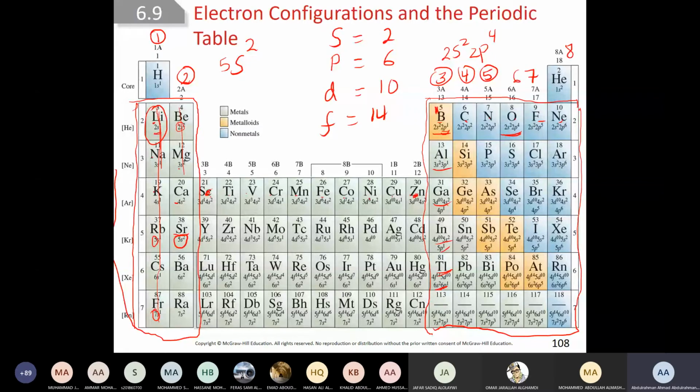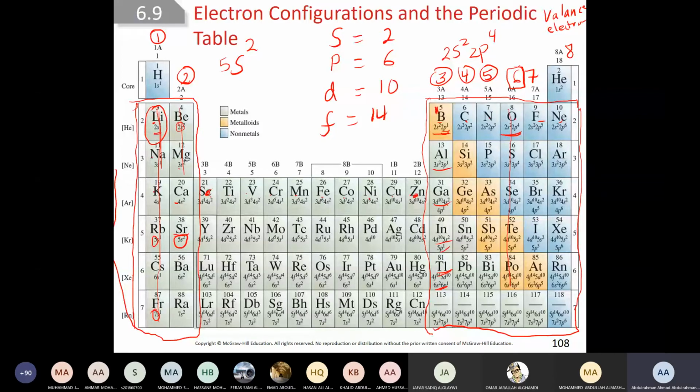The total number of electrons in the last s and p are called valence electrons. I want you to memorize the word valence. As I said, for oxygen it is 2s2, 2p4, total 6. All of these elements have valence 6.